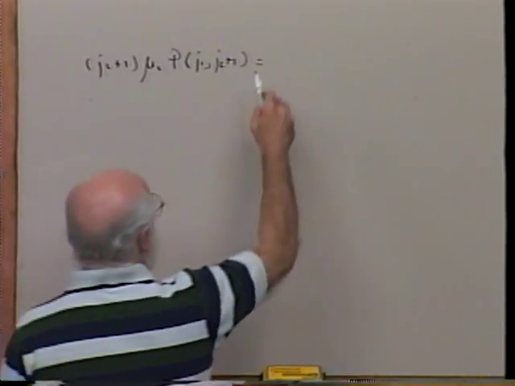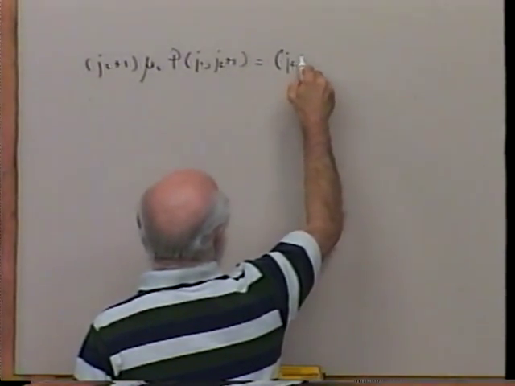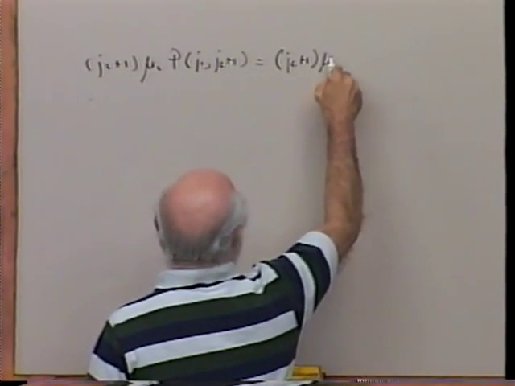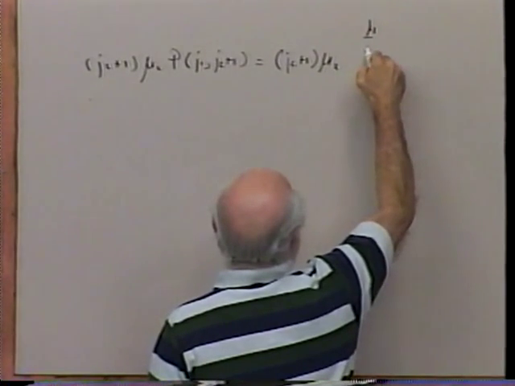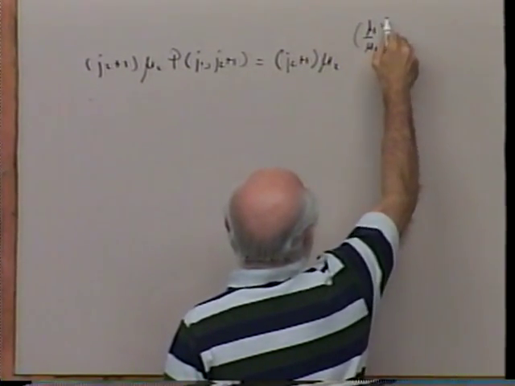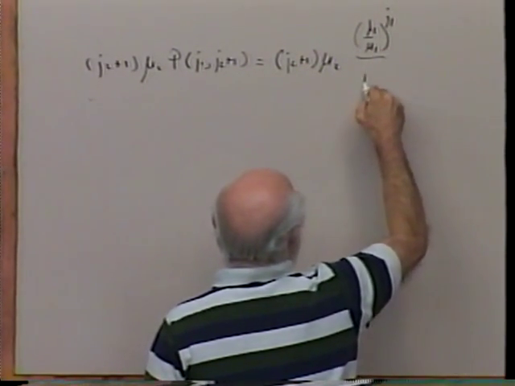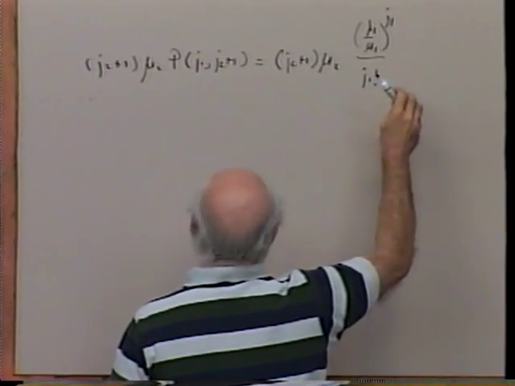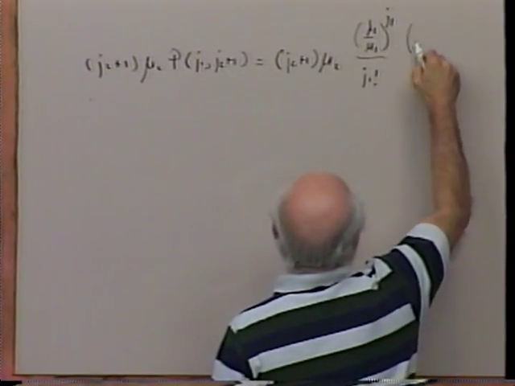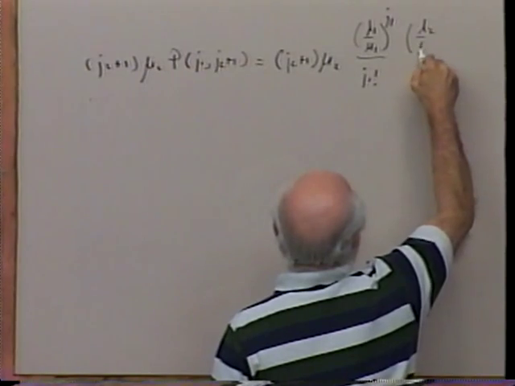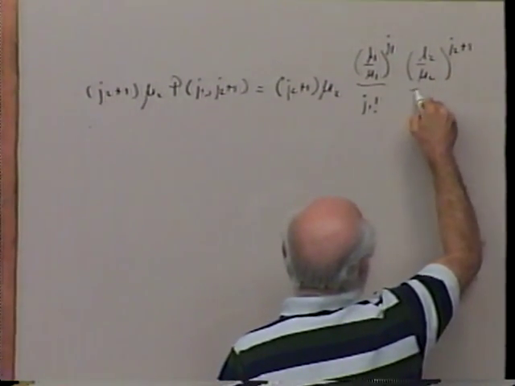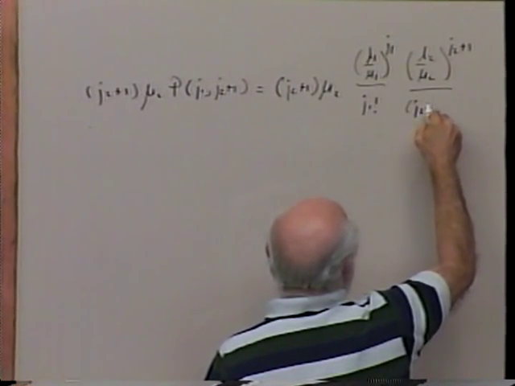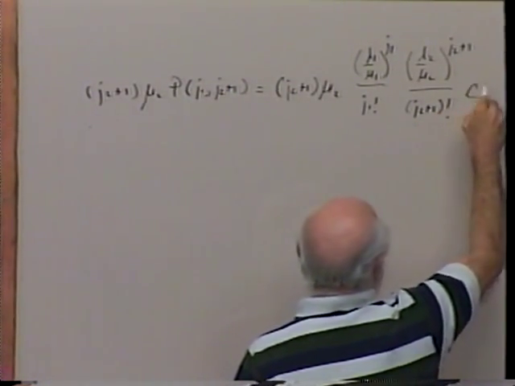So that's going to give me J2 plus 1 mu 2 times lambda 1 over mu 1 to the J1 over J1 factorial times lambda 2 over mu 2 to the J2 plus 1 over J2 plus 1 factorial times this constant.